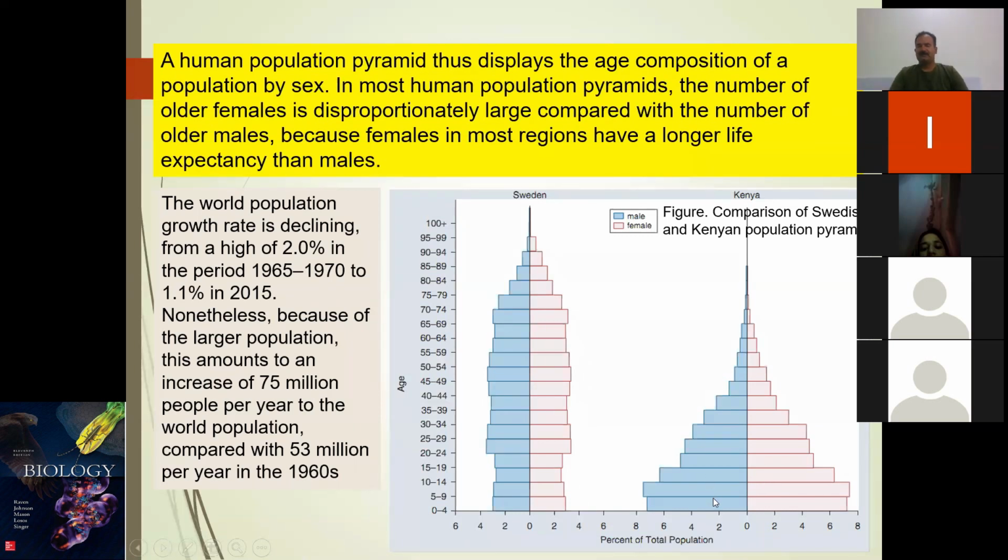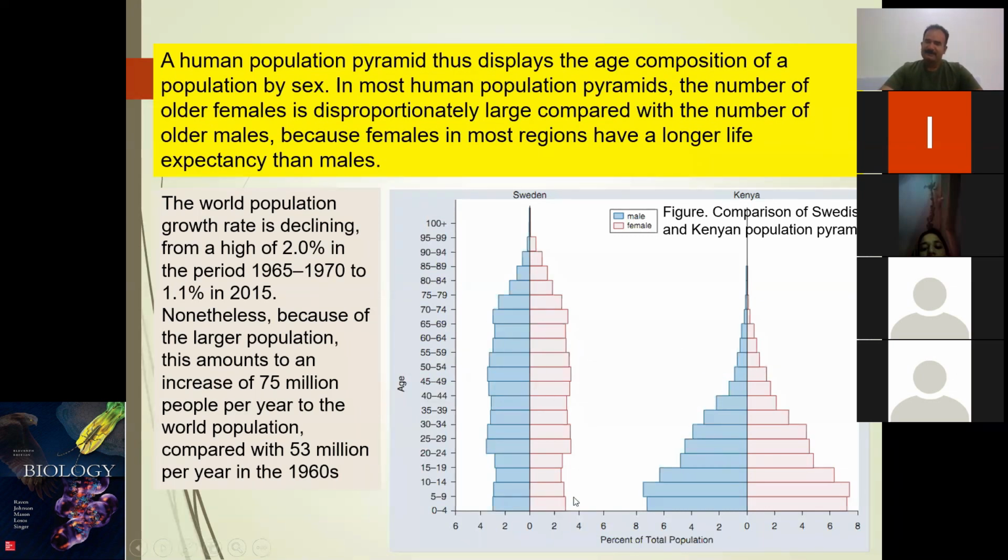It means individuals living in such countries who are less than 20 years are abundant. And moving towards the upper, old individuals are fewer as compared to Sweden.